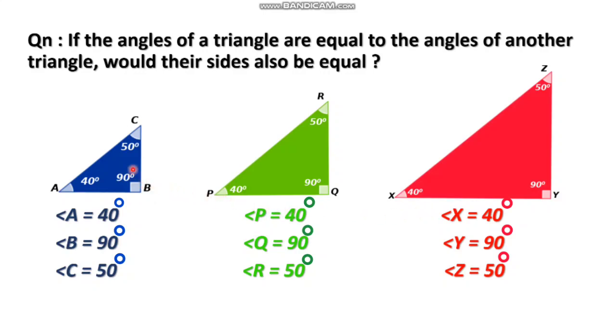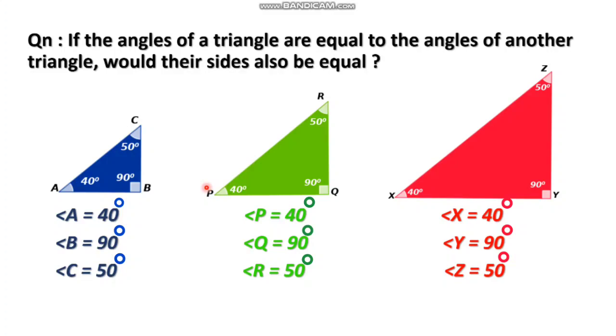That means if the three angles of a triangle are equal to the three angles of another triangle, then their sides may not be equal. You have studied that if three sides of a triangle are equal to three sides of another triangle, then their angles are also equal. But in this case, three angles are equal to three angles of another triangle.